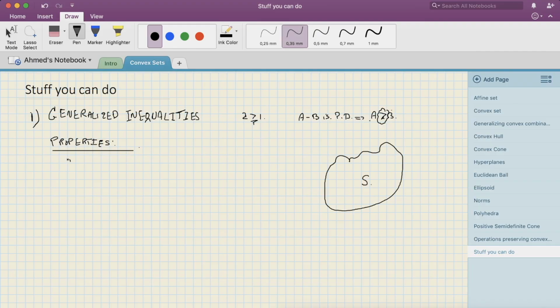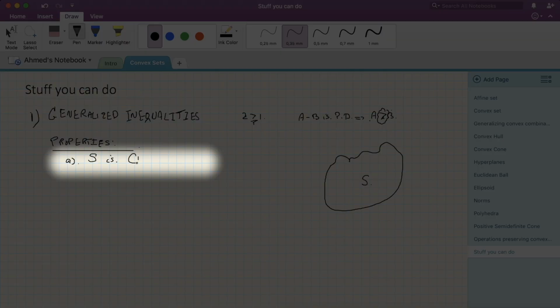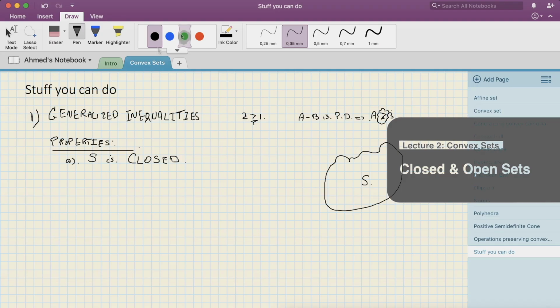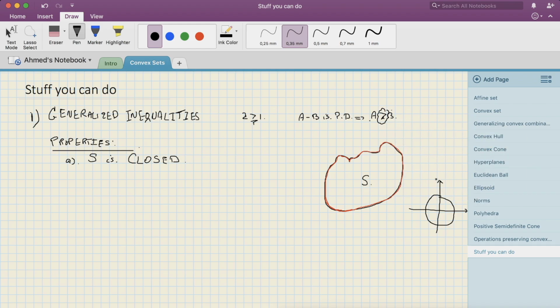The first property that you should have is that S should be closed. What does closed mean? Geometrically, it would contain its boundary. A small example is when you define a set in 2D, let's say a circle, and mathematically, if it's centered at 0, and this is my x and this is my y, everything inside the circle is expressed as the following set. It's all couples x, y, such that x squared plus y squared is less than the radius squared.